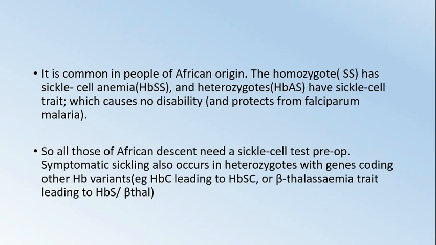It is more common in people of African origin, and the homozygous, that's SS, has sickle cell anemia. Because it's an autosomal recessive disorder, you need two genes, one from mom and the other from dad, to be able to show symptoms.